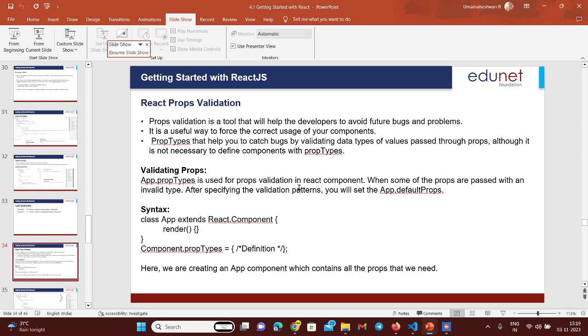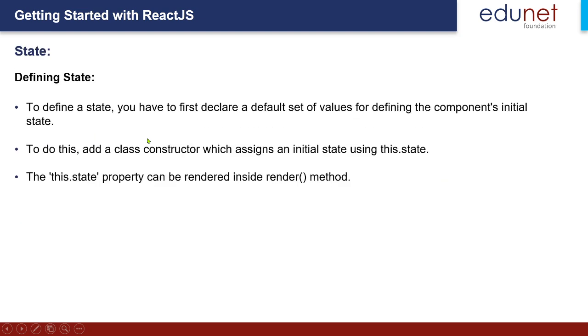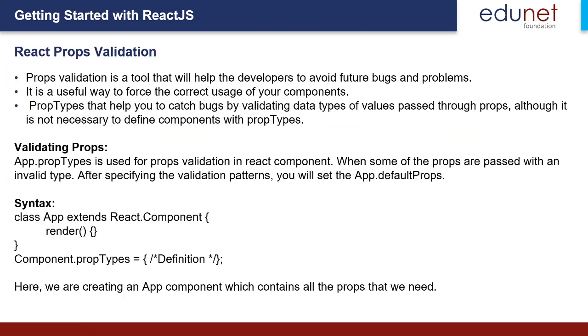Next is React props validation. So how do we validate this? Okay? So how do we do validations? Props validation is a tool, okay, that will help the developer to avoid future bugs in the program. And it is a useful way to force the correct usage of your component.